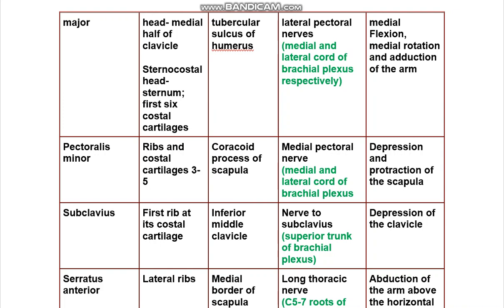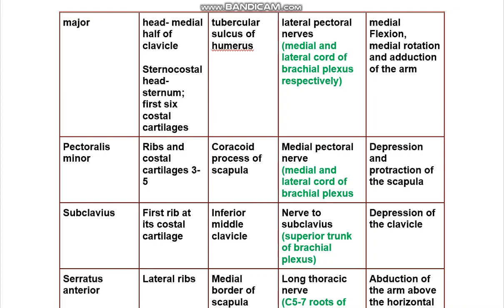Now, the pec minor is going to be innervated by the medial pectoral nerve, which is going to be a part of the medial and lateral cord of the brachial plexus. And the pec minor is going to involve depression and protraction of the scapula.